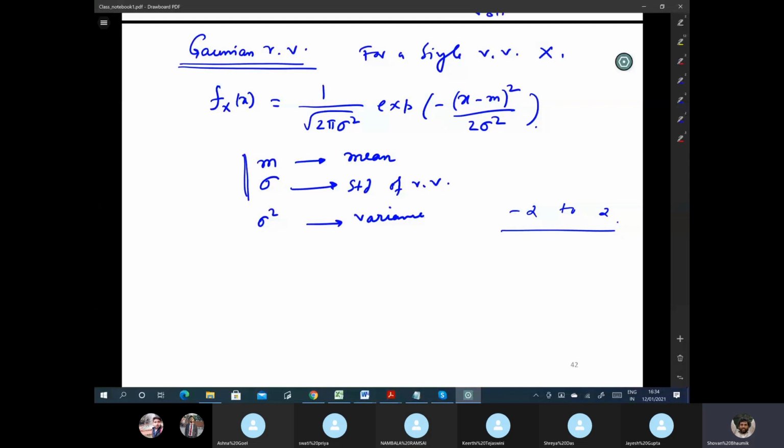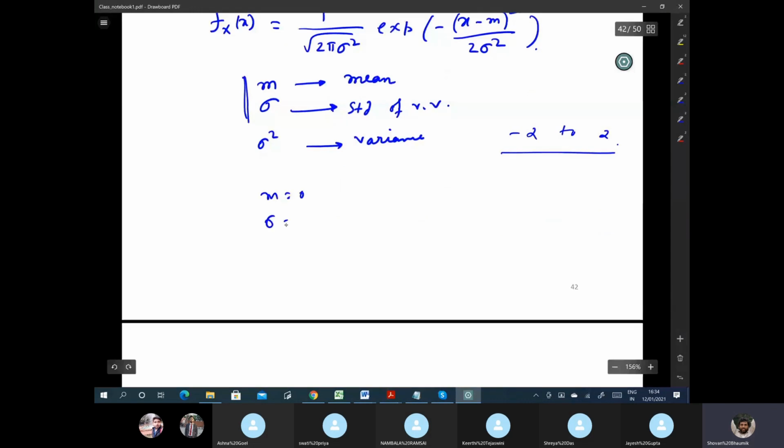So if m is 0 and sigma is 1, we call it the standard normal distribution. It is a special case.